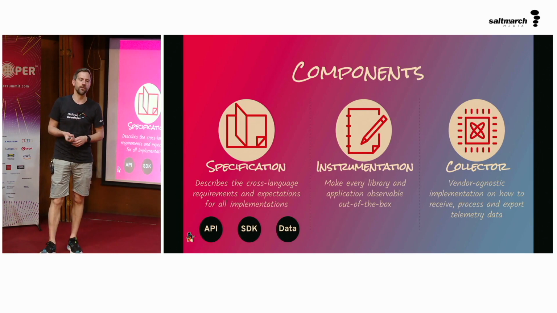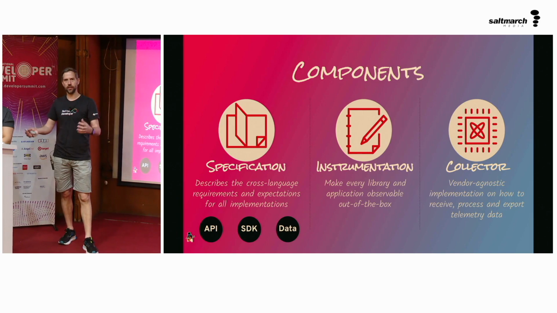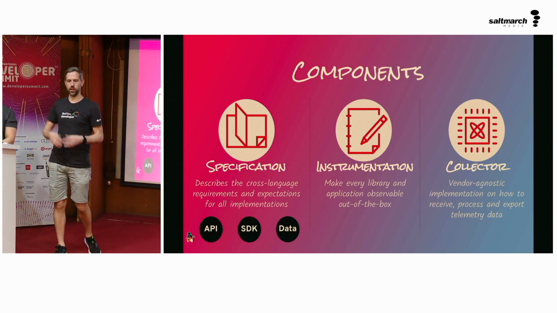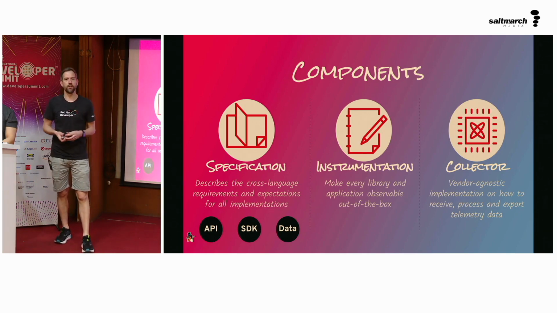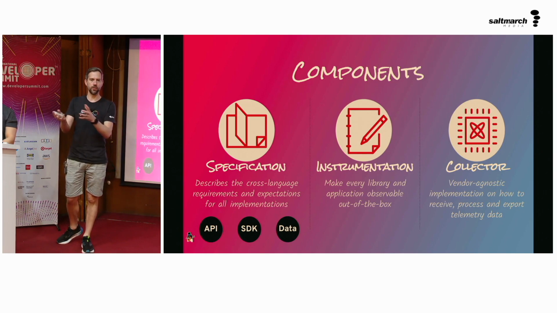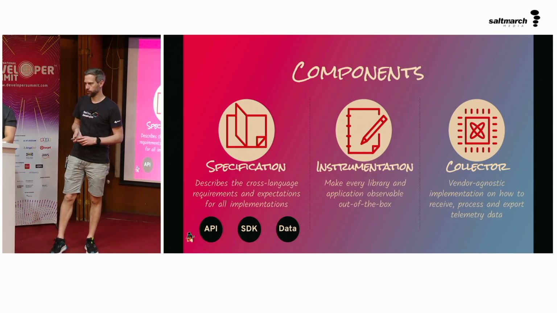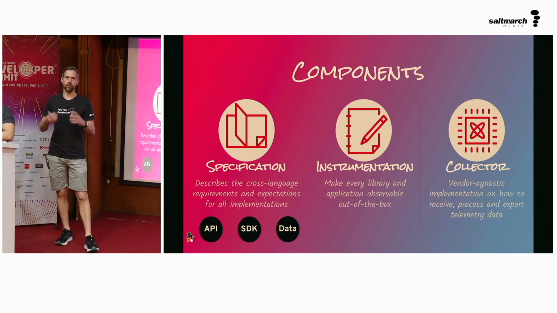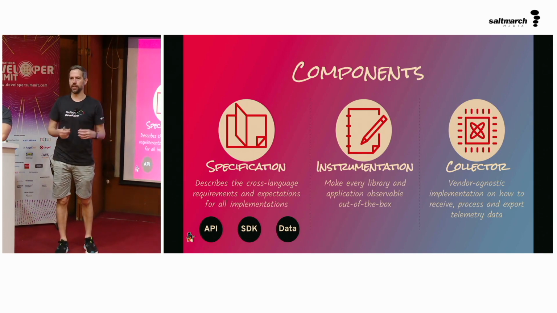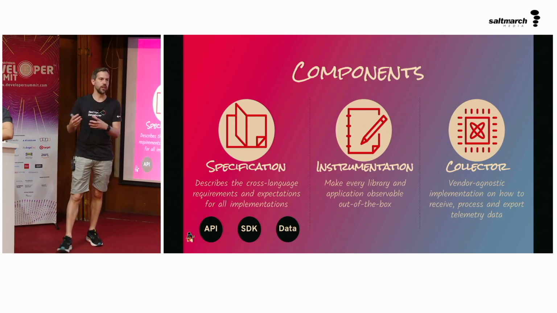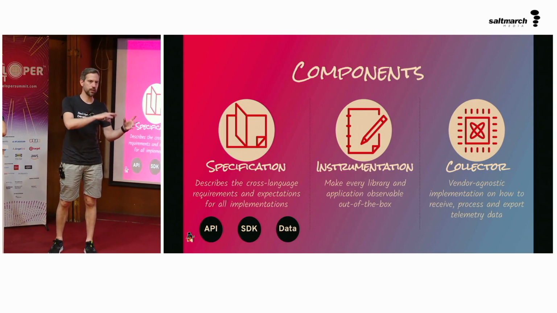On the one hand, we have the specification, to have one standard specification for everybody to do telemetry, using the same cross-language approach for how I can export my data into an observability stack, and with what protocol. And then the next goal of the OpenTelemetry project is to have a common instrumentation goal, so that you can have an OpenTelemetry instrumentation that works with Java or with Go or with Python or with Node.js.